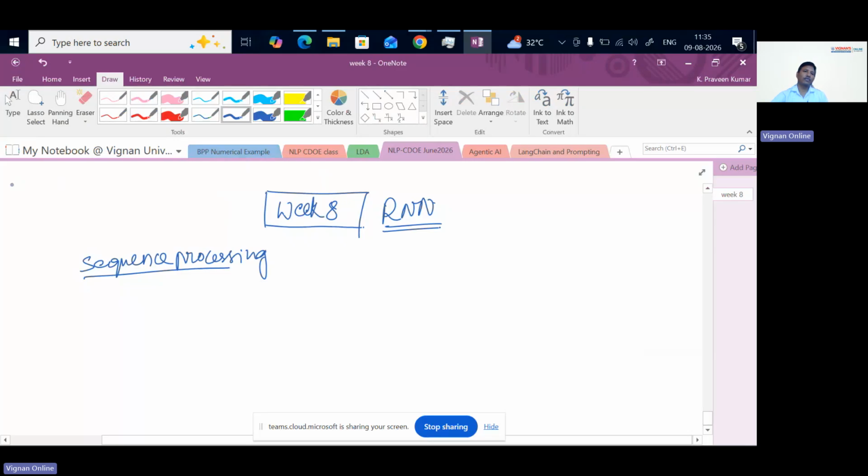A little bit thicker pen we will take. Sequence processing we are saying. So the first question is going to be, what is a sequence? This is the question we are going to ask. What is a sequence?